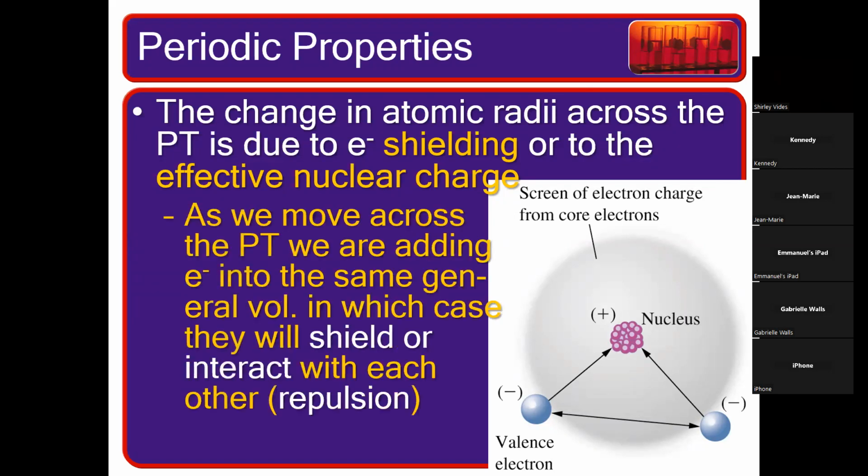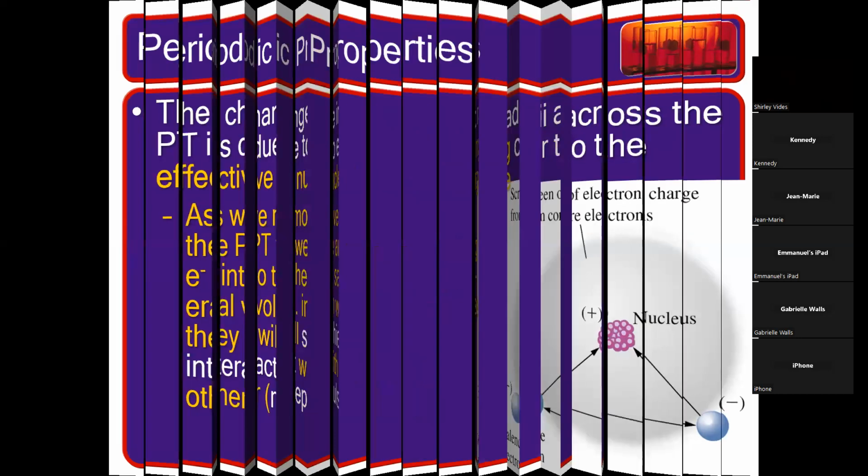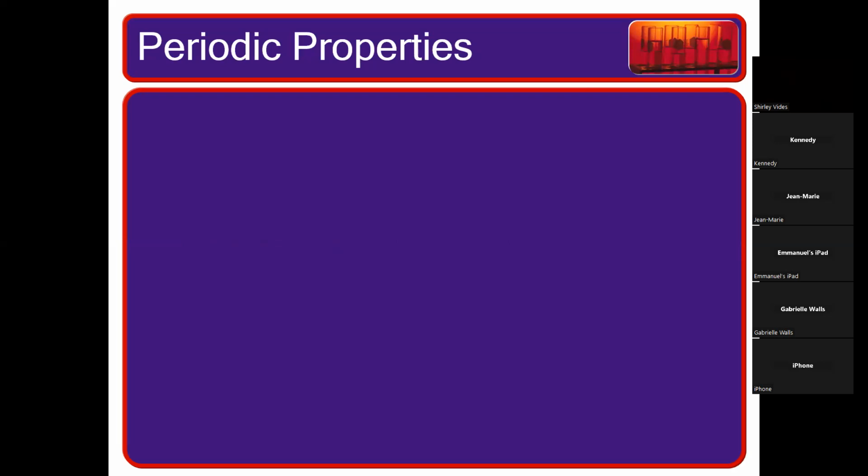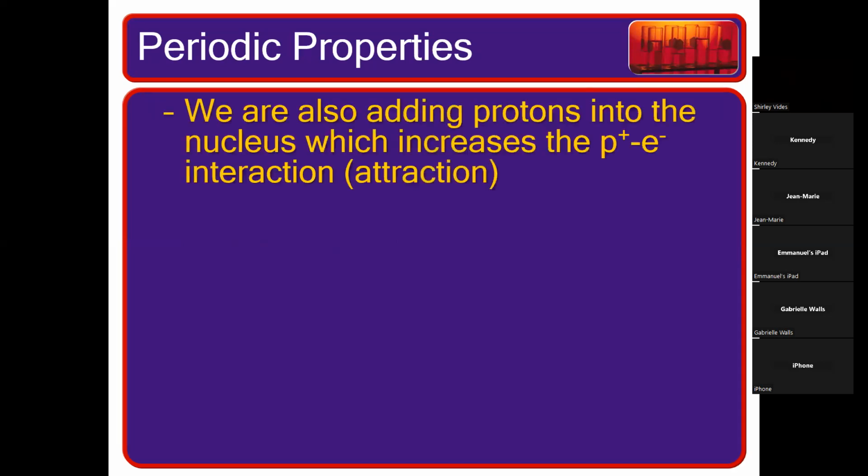They also interact with each other and repel. So if you add one more, you break up that balance between the protons and the electrons themselves, and now you're going to get bigger. And that's what happens. So, periodic properties continued.